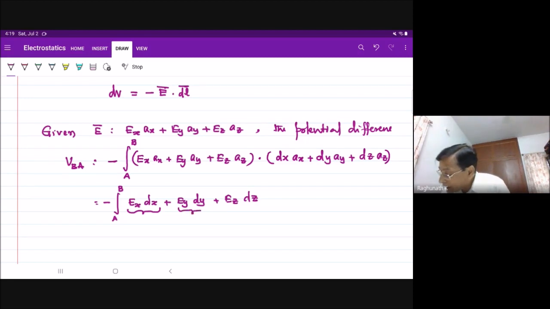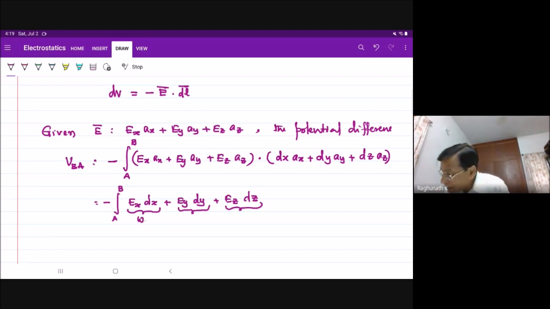Minus Ey dy is the work done on the unit positive charge in moving it through a distance dy against Ey. Similarly, minus Ez dz is the work done in moving unit positive charge through a distance dz against Ez.